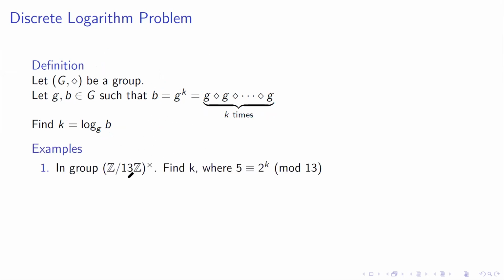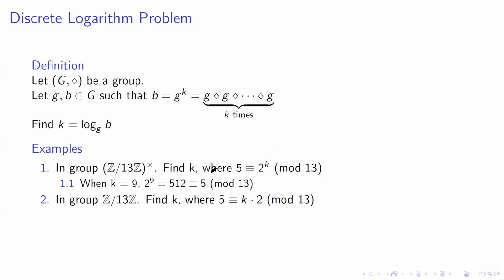So for example, if I have a group of integers modulo 13 under multiplication, find K where 5 is G to the power of K, and this is one of the solutions, and it's really not easy to find. But in an additive group, it's very special.